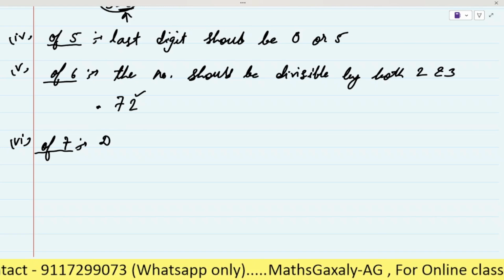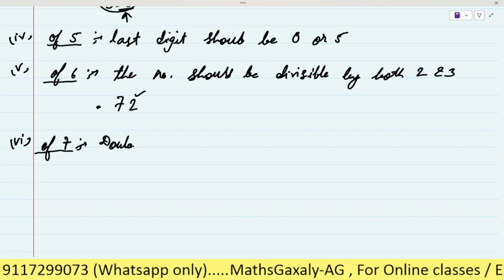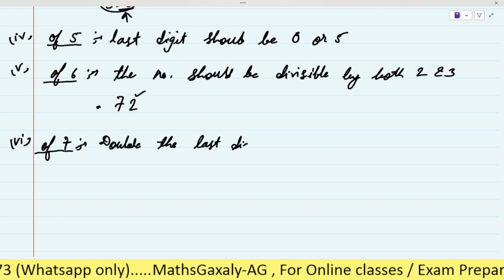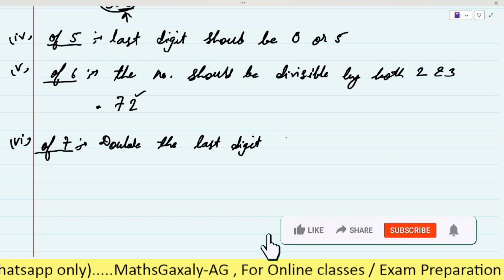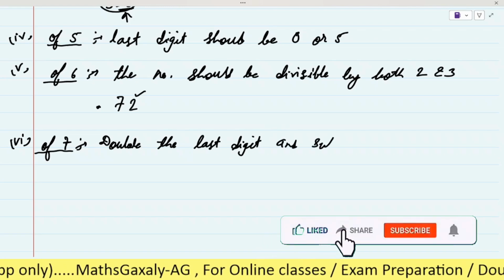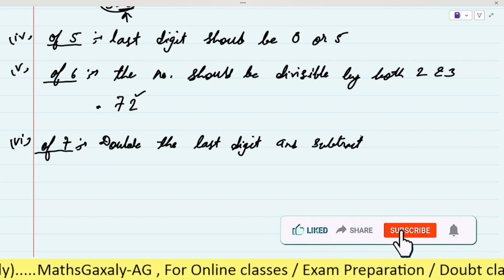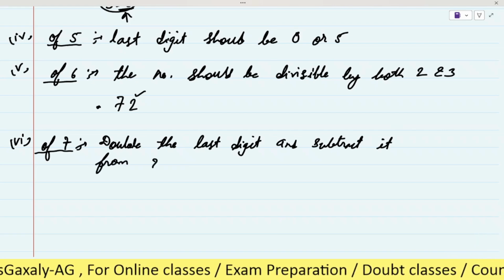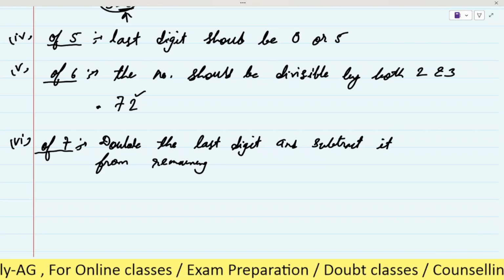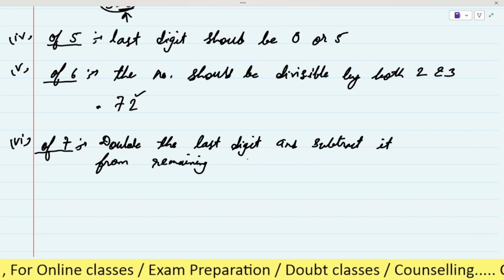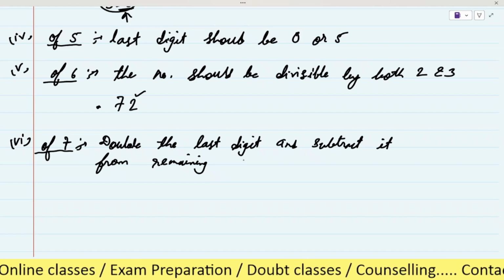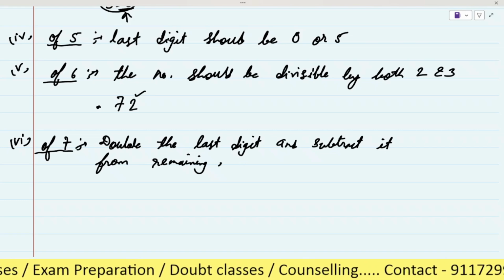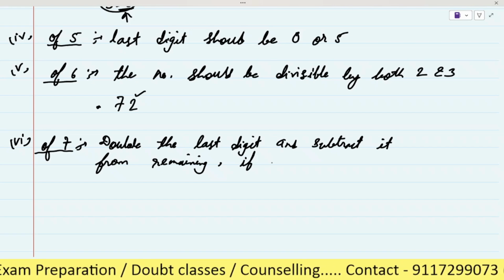Here we have to double the last digit only, and subtract it from the remaining digits.